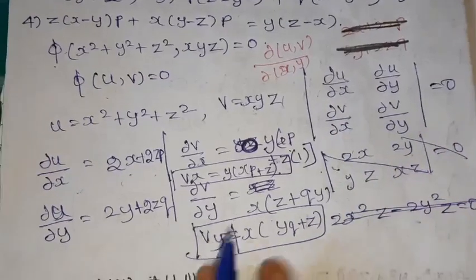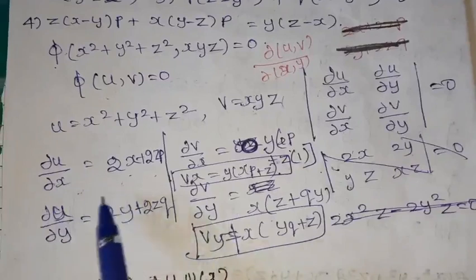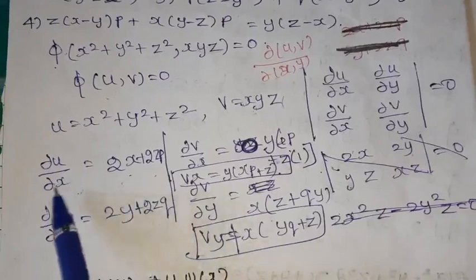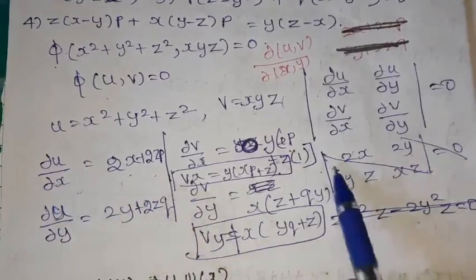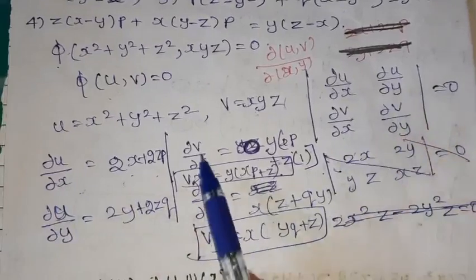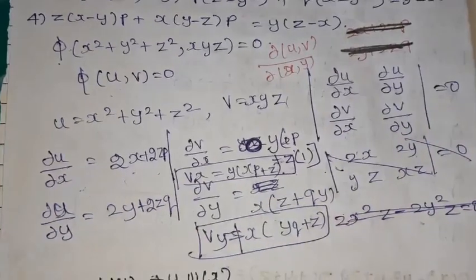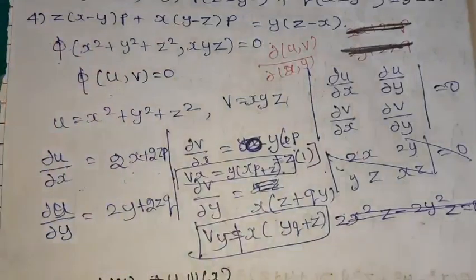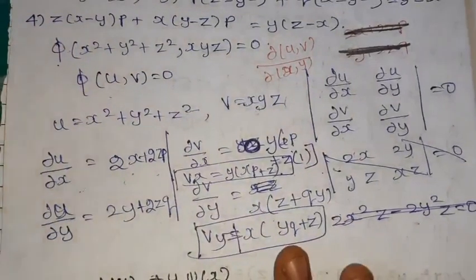We have solved for ux. In simplified form, we can say it as ux, uy, and vx and vy. We know all the values, substitute in the determinant, and simplifying we will get the solution.